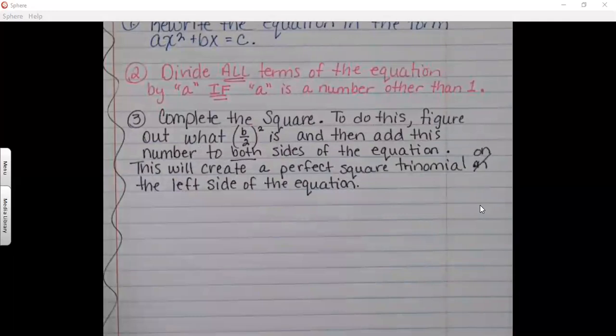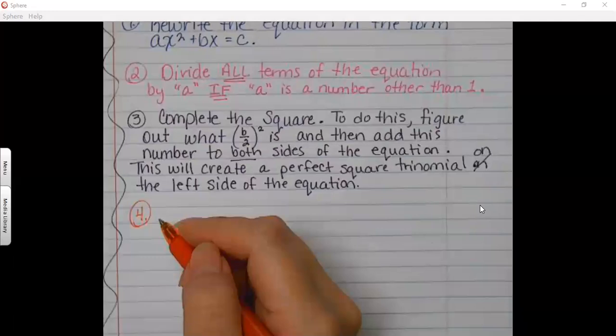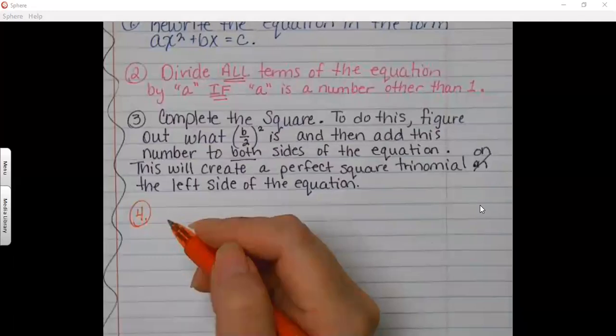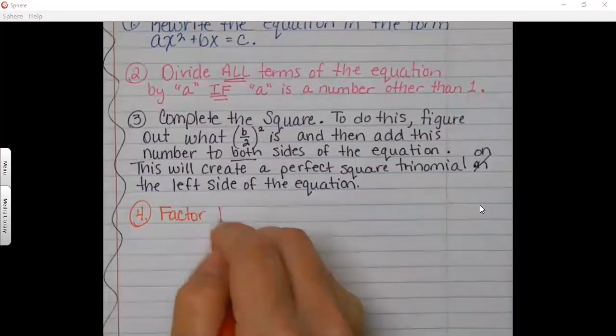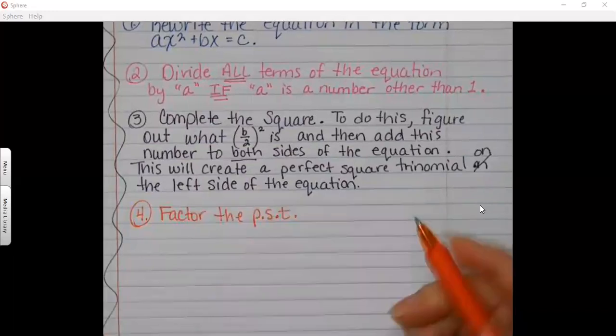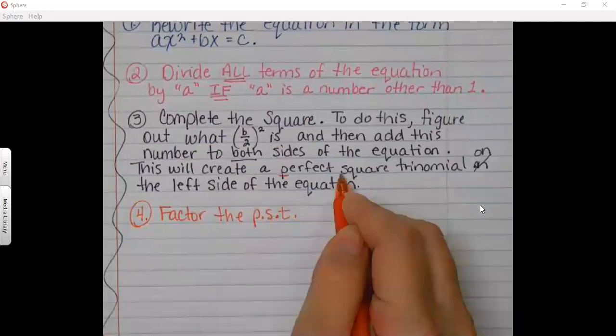There's 6 steps. We're halfway there. Next step, super short. Step 4: factor the PST using the shortcut. By PST, I'm talking about perfect square trinomial.